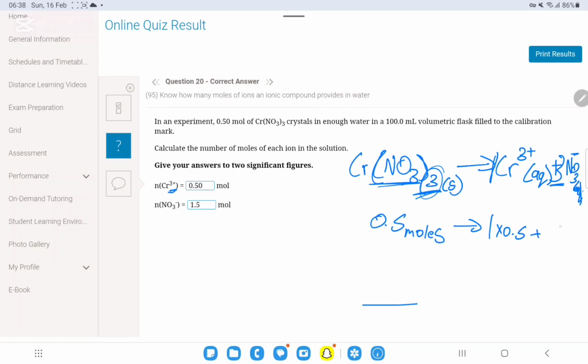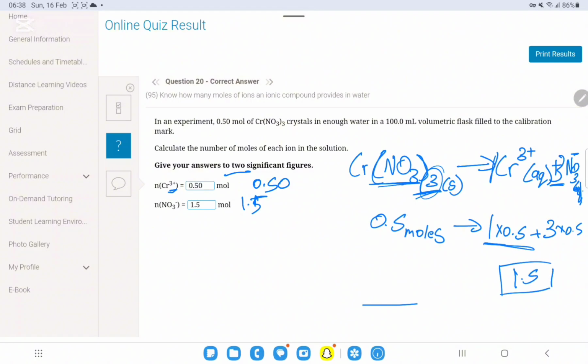And here the coefficient is 3, so 3 times 0.5. 1 times 0.5 for Cr is still 0.5. 2 significant figures, you add a trailing 0. And 3 times 0.5 is 1.5. It's already 2 significant figures. But the moles for NO3 is 1.5. That's how you get it.